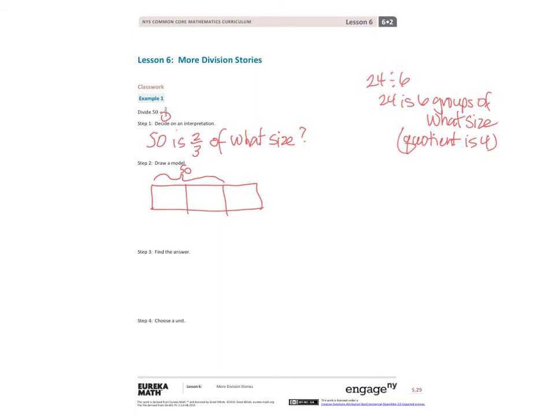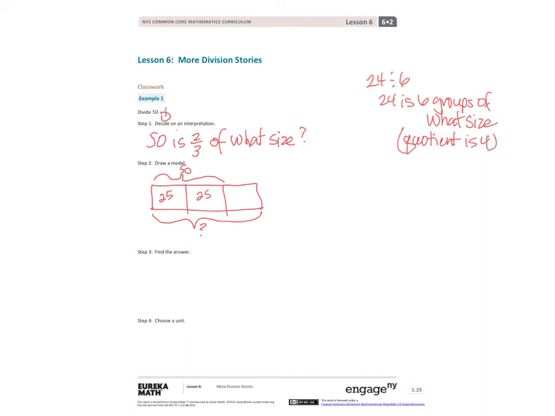So if I have 50 and I know I have 2 of these blocks here, I know each one of these is valued at 25. But the question is, what's the whole thing? We don't know yet. So the partitive interpretation that you just drew is 50 divided by 2/3 means 50 is 2/3 of some number.